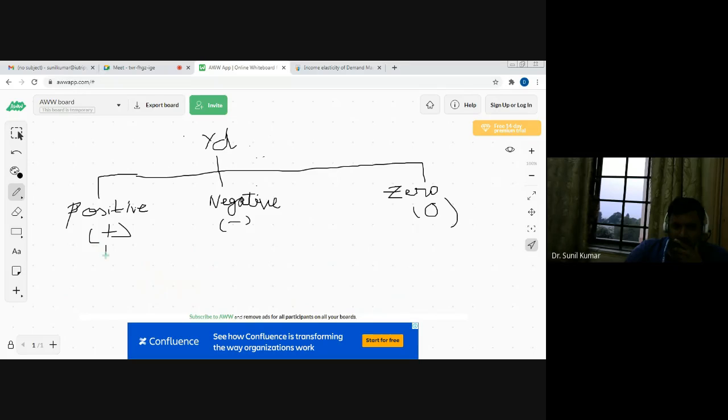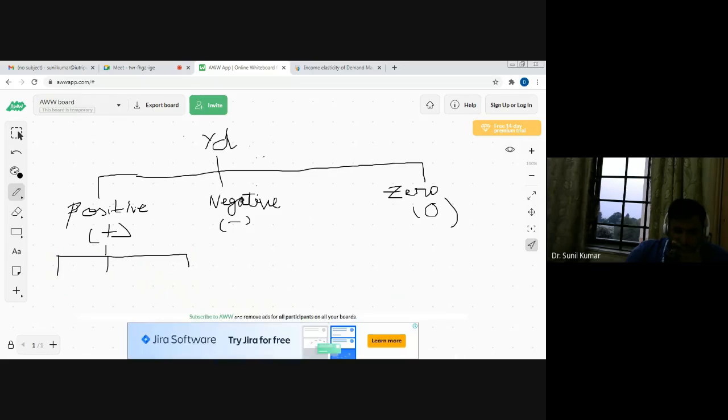Positive is of three types. The first one is elastic demand.